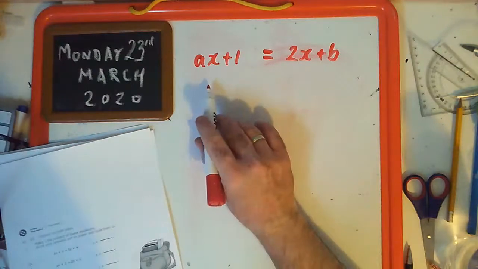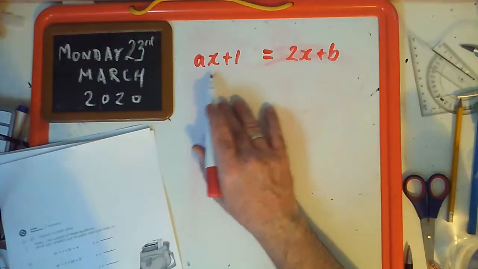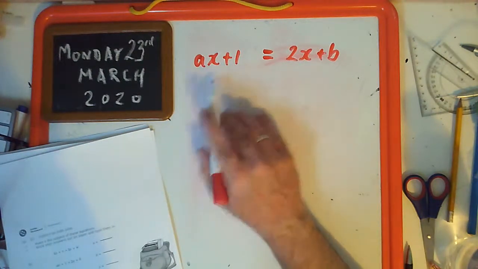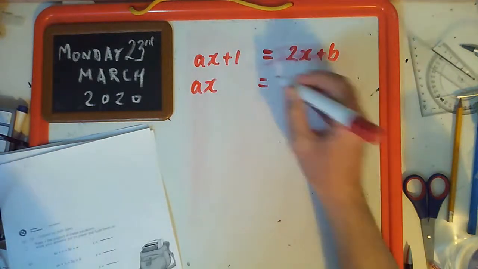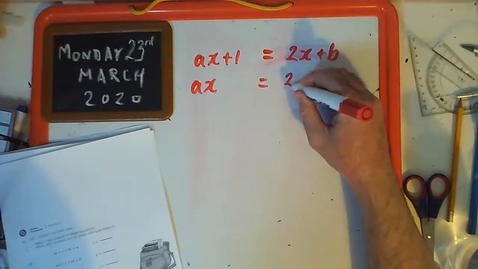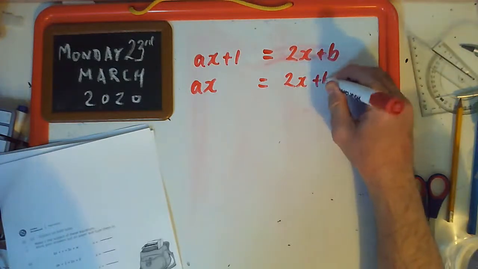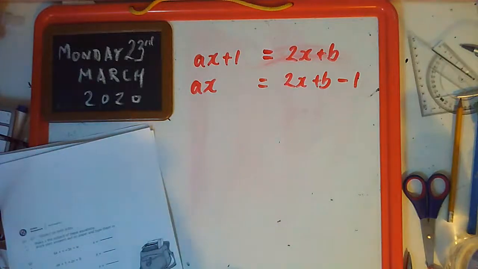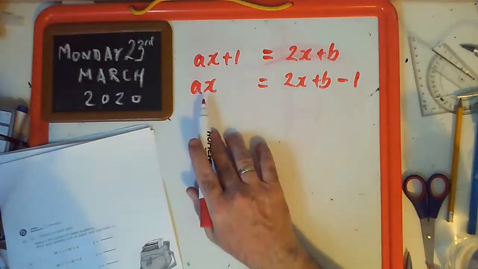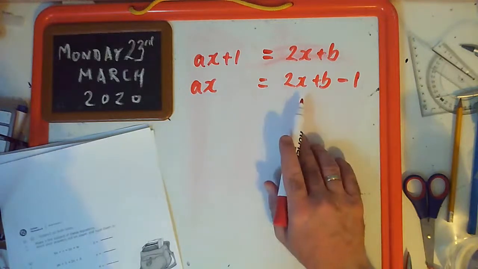So the problem here is that I've got x things on both sides. So ax plus 1, if I take away the 1 from that, it disappears. And then over here, 2x plus b, and then I've got to take away 1 because I'm taking away 1 from both sides. But I've still got some x's on the left and some x's on the right.